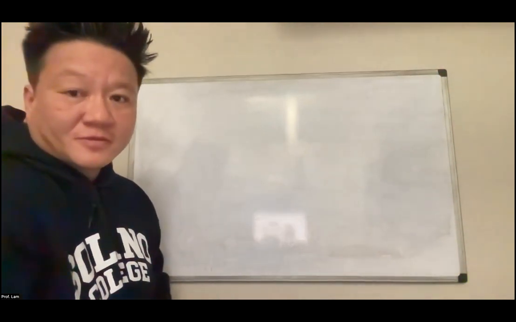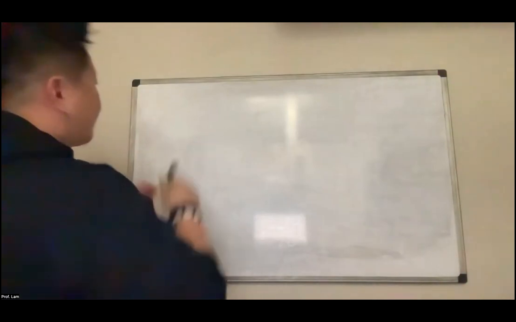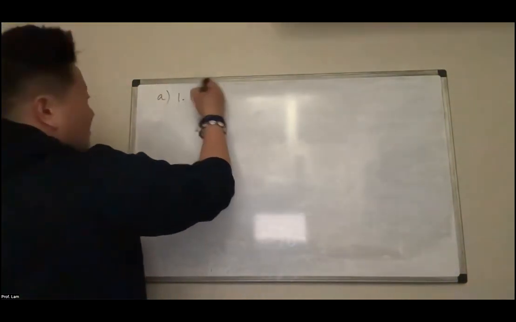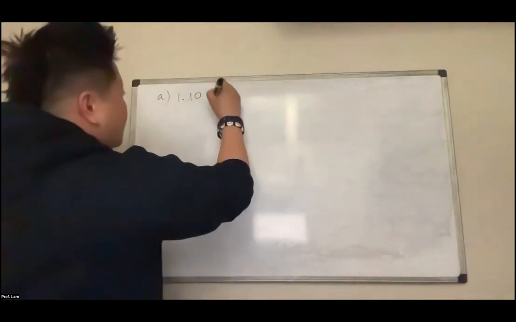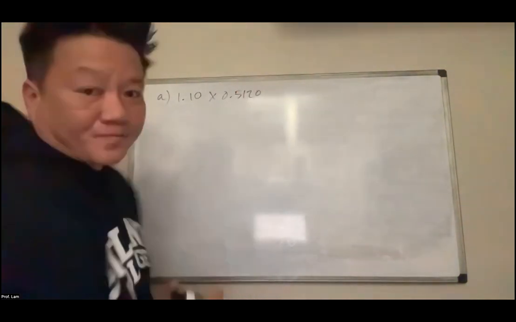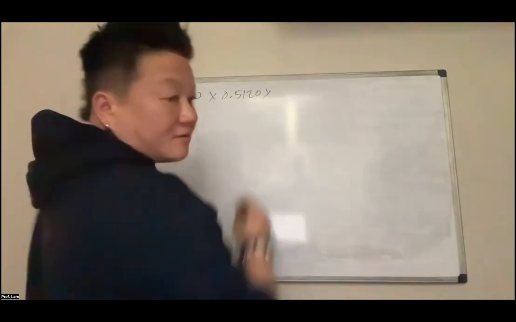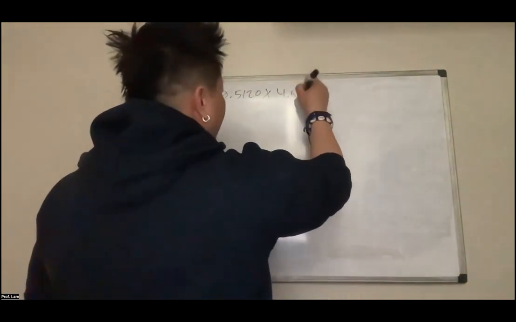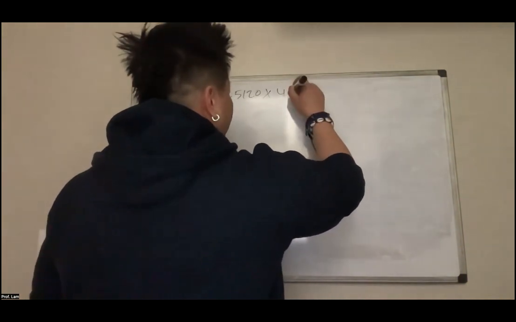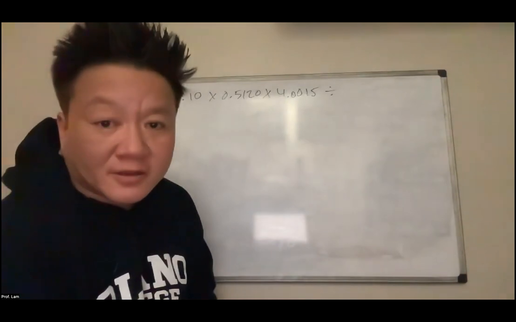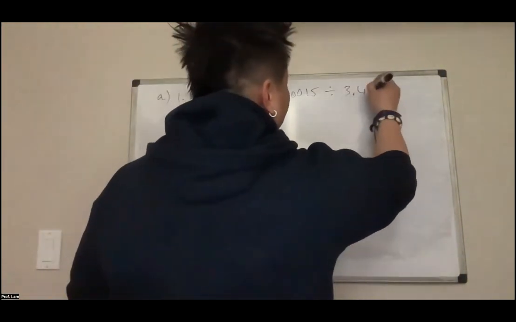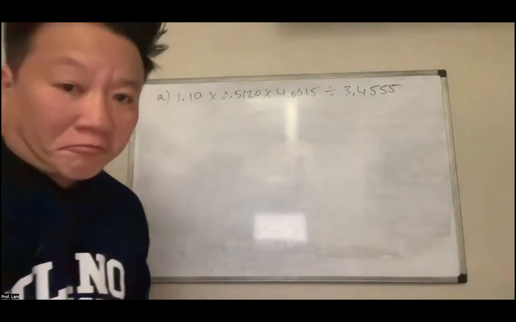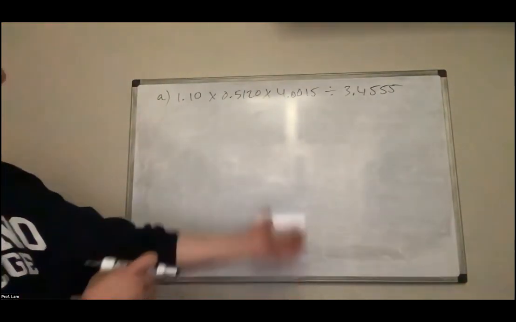For A, we have 1.10 times 0.5120 times 4.0015 divided by 3.4555. When you look at this problem, assess it first.